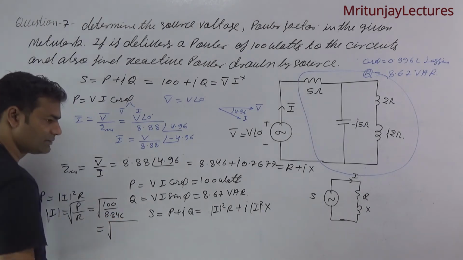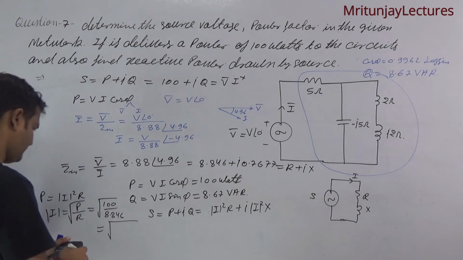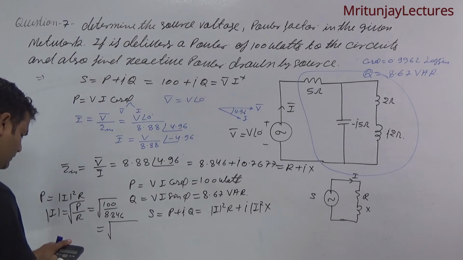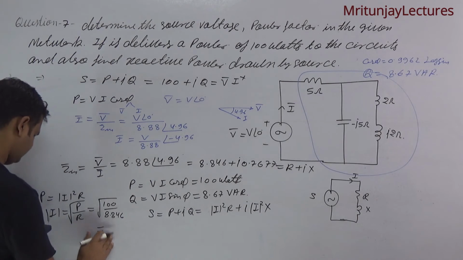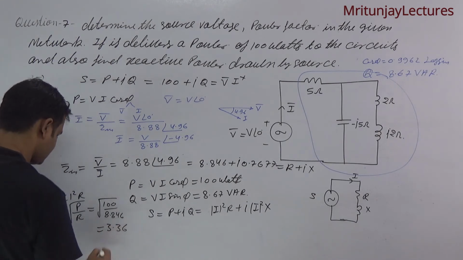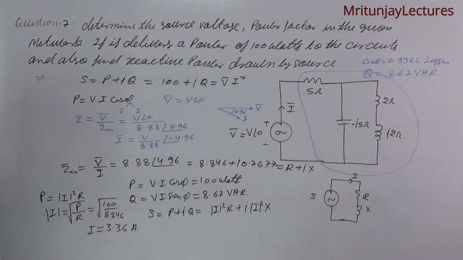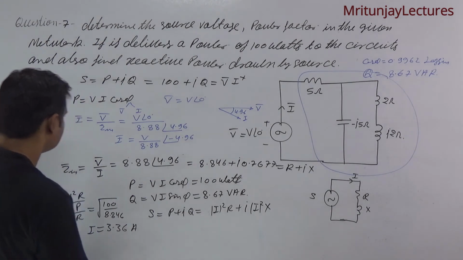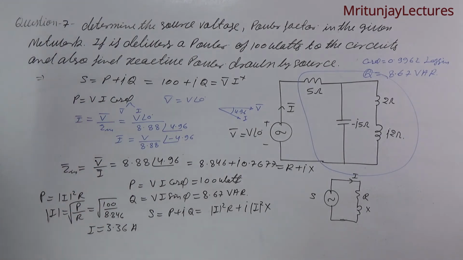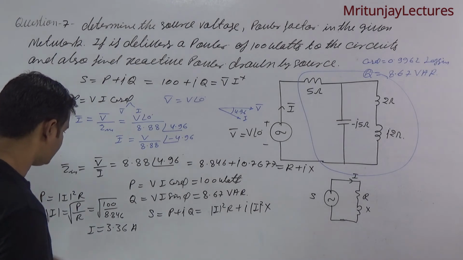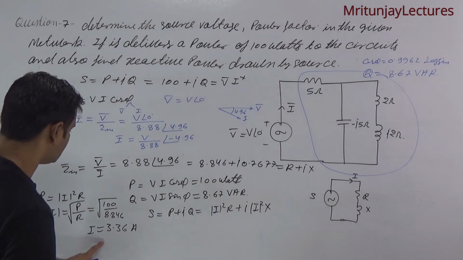So finally we got 100 divided by 8.846, that is 11 point something, and finally we got 3.36 ampere, that is I. Okay, if you got I, then put this value here, I in terms of magnitude. Clear or not?